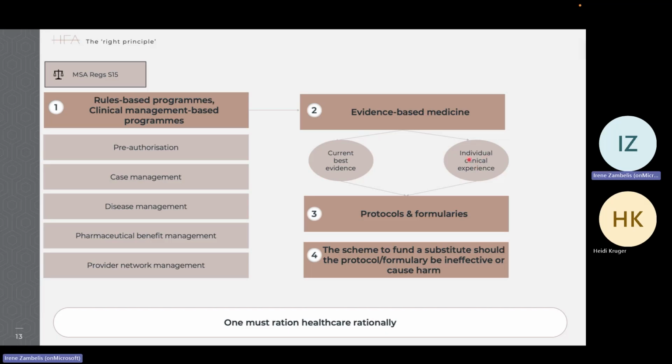So should the protocol or formulary not work for me, my doctor can then submit a good, strong medical motivation to the scheme and say, your formulary drug didn't work or made the person sick. The scheme then will fund the substitute, what will work.